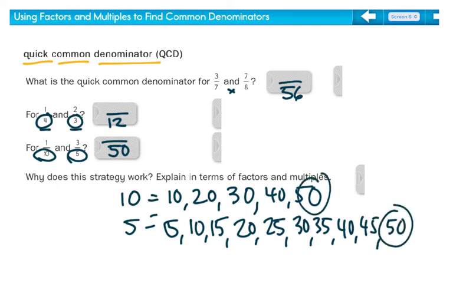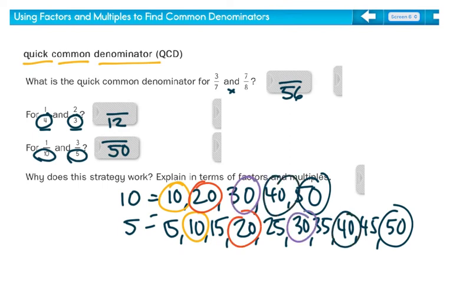It's not the smallest common denominator, because there's a number they have in common before 50. Here's another one, and yet another one, and still another one before we get to 50. So that's a quick way to do it.